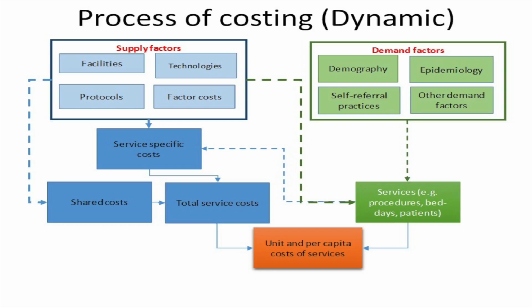So on the supply side, we incorporate things like changing technologies, changing protocols of treatment, factor costs, the costs of wages, costs of medicines. On the demand side, as I've said, we've got things like changing demography, changing epidemiology.